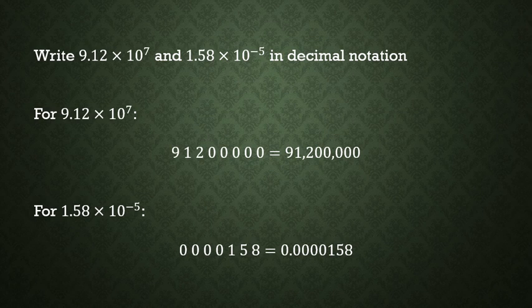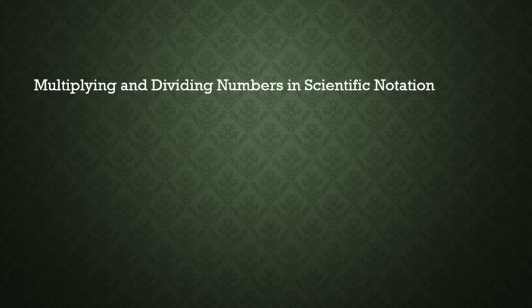Next, I want to talk about how do we multiply and divide numbers that are in scientific notation. Not as bad as you may think. We're just going to use some of those properties of exponents that we talked about at the beginning of this video, as well as just other basic properties of multiplying and dividing.